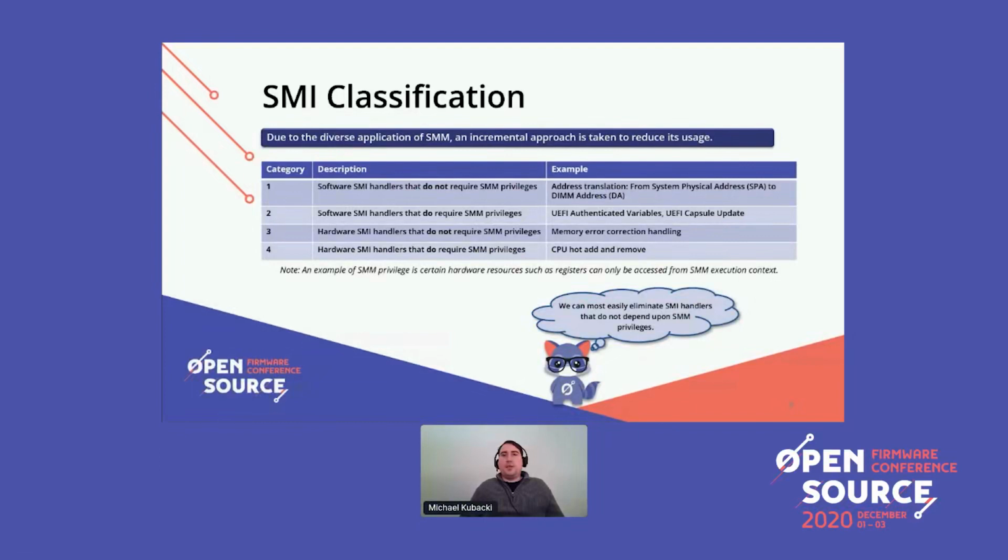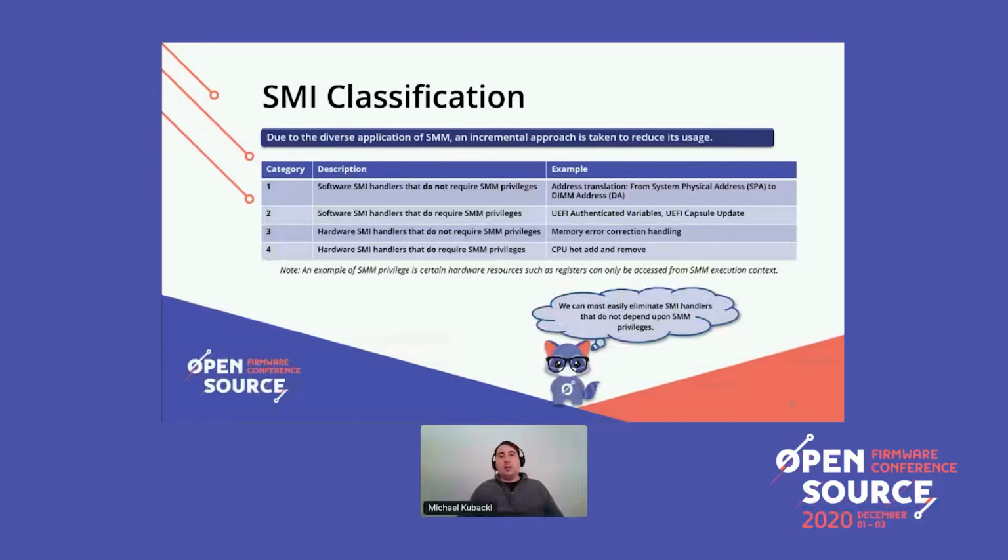These are things that need hardware privilege that's given to SMM because it's a more constrained and limited execution environment on the system. These features or capabilities are not available to general Ring 0 software. And so I've said SMM privilege a lot. A basic example of that are hardware resources that can only be accessed from SMM execution context.